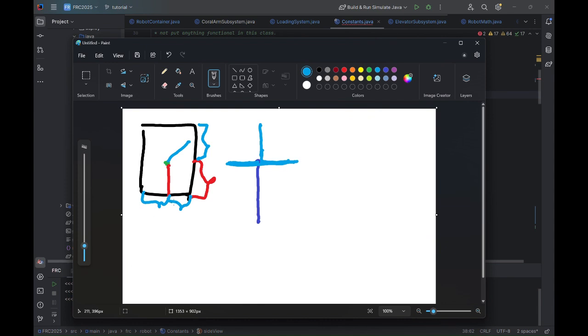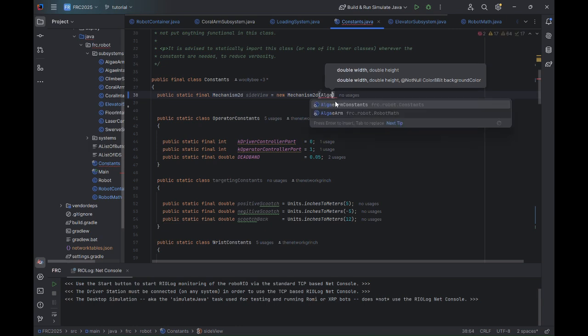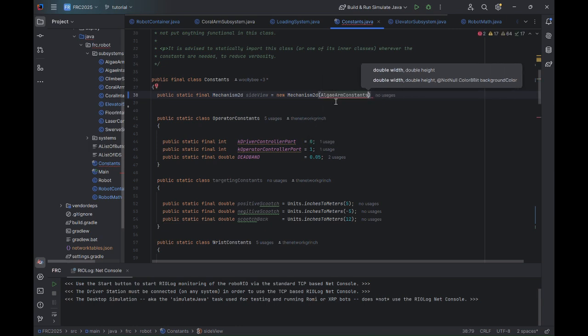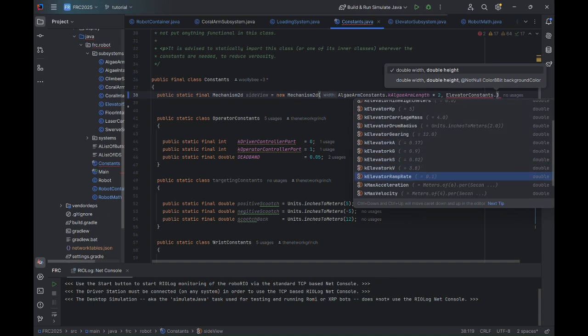See, arm constants. And height is elevator height. Actually, elevator length. We don't have that.